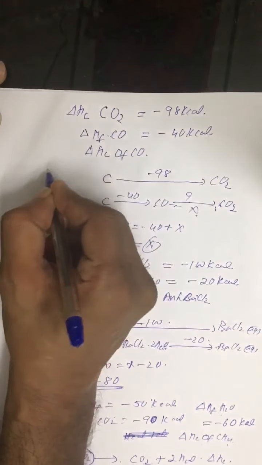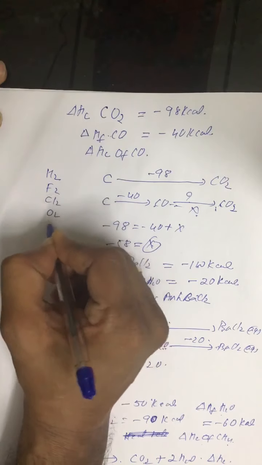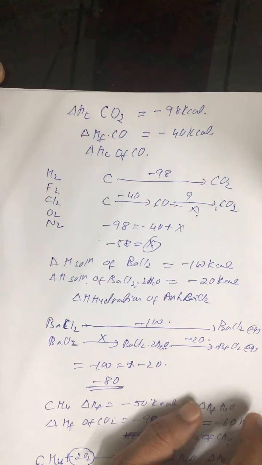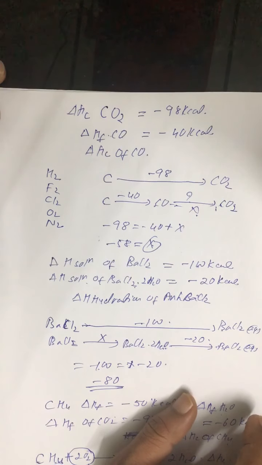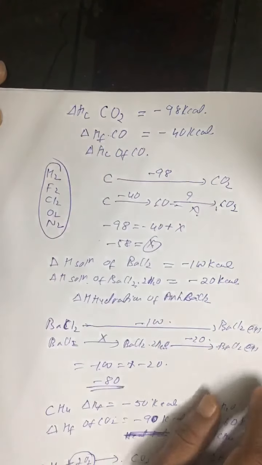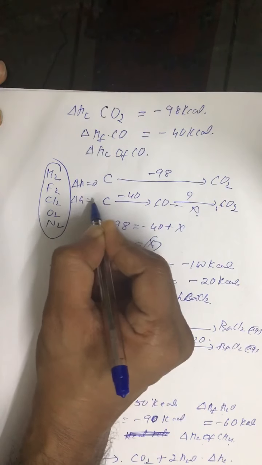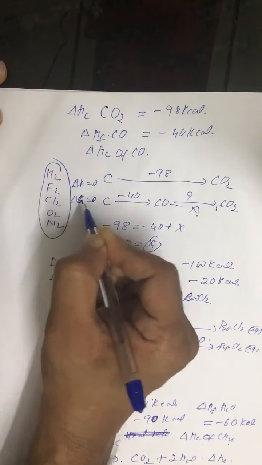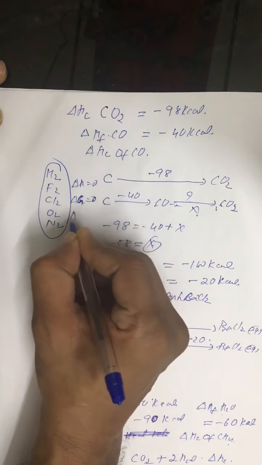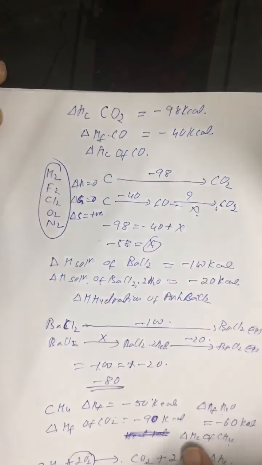If we are given any element like H2, F2, Cl2, O2, N2, which are not in combined state, meaning only one element is involved, their enthalpy change delta H is considered 0, and their delta G is 0 too. But you should be careful, their delta S is never 0, it is always positive.